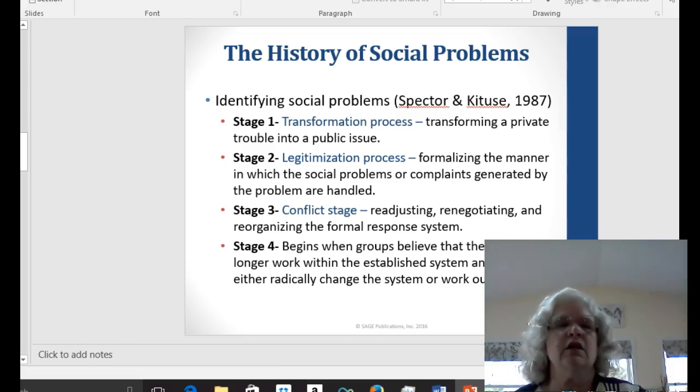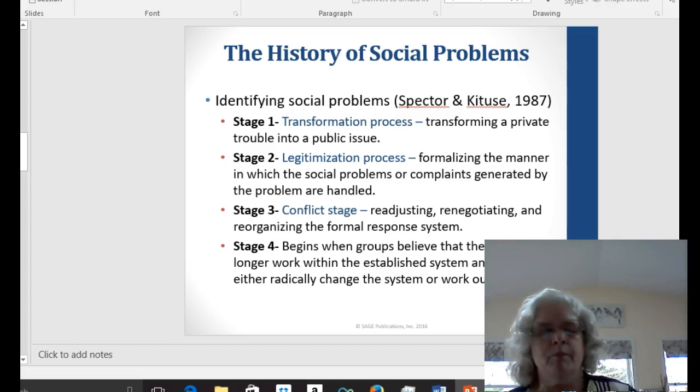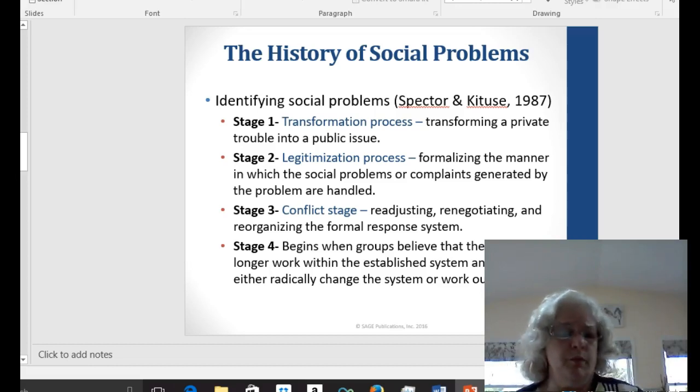The legitimization of the problem is really important, but so is this conflict and this beginning, where the group believes that they're out there, and so we see radical environmental movements trying to protect the society we're in.